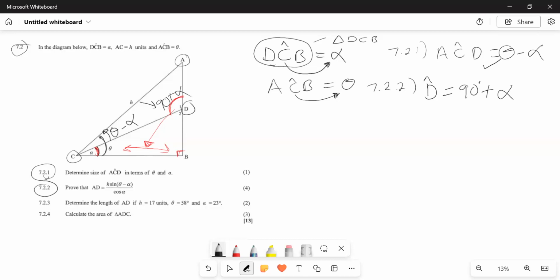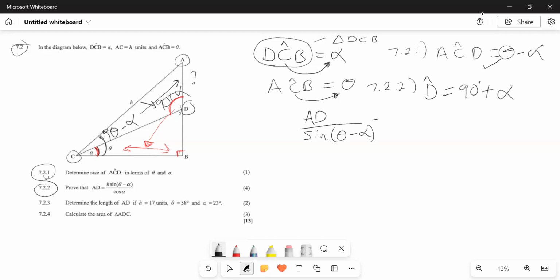So 90 plus alpha. So now we have an angle opposite to our side H, and an angle opposite to our unknown side. According to the condition of the sine rule, we need at least one unknown side with its corresponding angle. But we always need to start with the unknown side, or the unknown on top, rather. So AD divided by sine theta minus alpha, right?